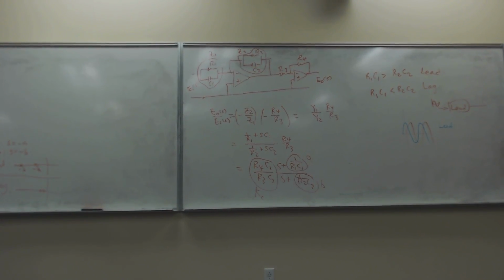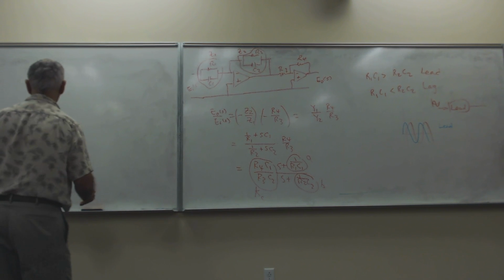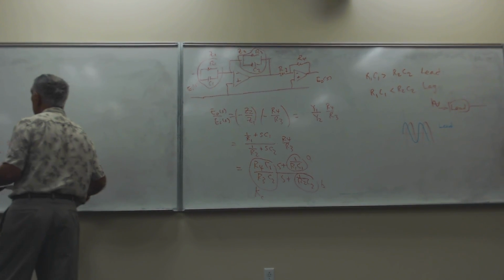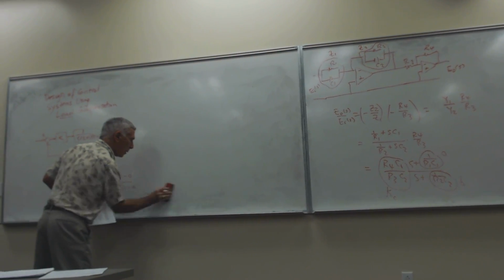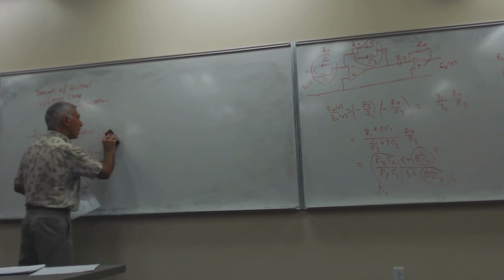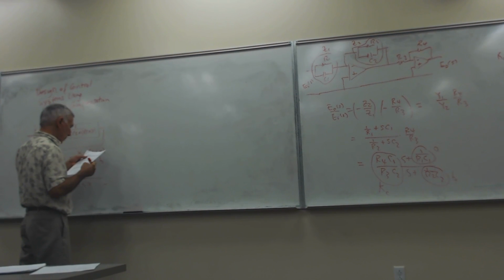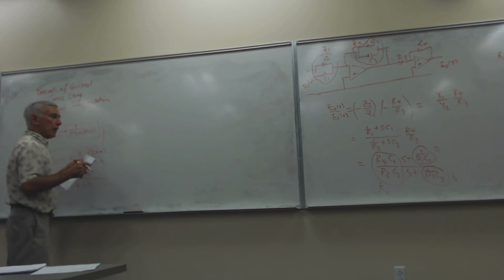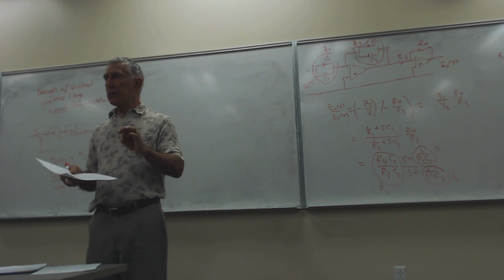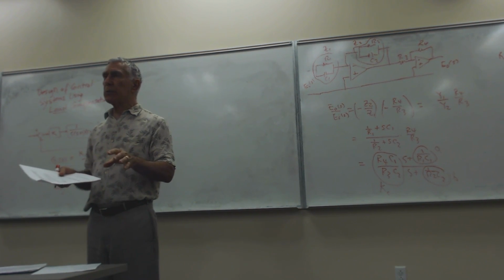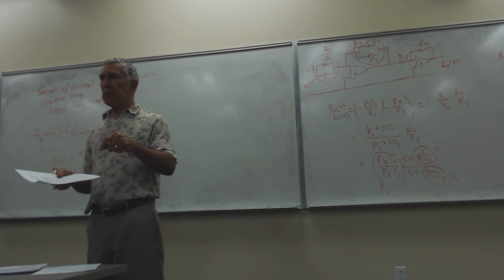Yeah, so let's get into an example. So as we were saying in the beginning, with pure gain compensation, you may not be able to get the kind of response that you want, okay?